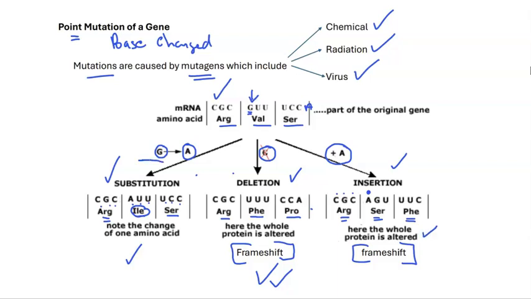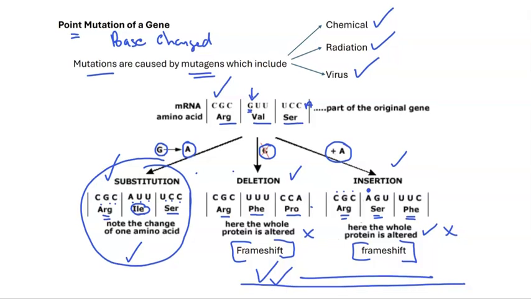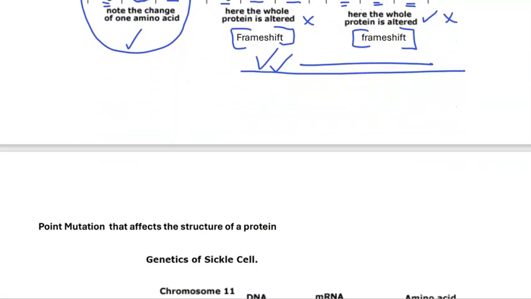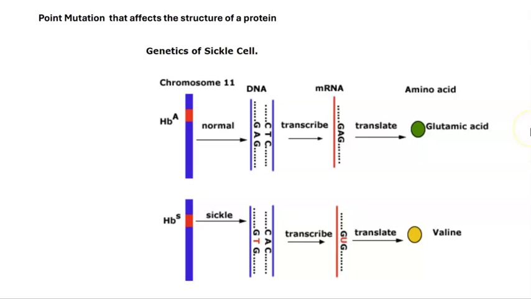So this one here affects one amino acid, but the other ones affect many amino acids. So you can imagine the likelihood of these proteins still being functional and working well is remote.